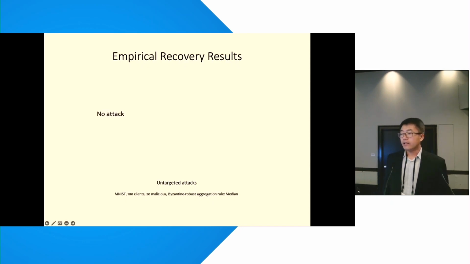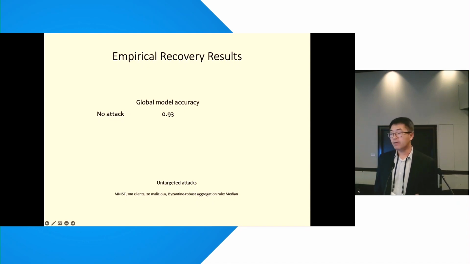When there is no attack, the global model is pretty accurate. Now let's suppose we have some malicious clients which perform poisoning attacks, and then the accuracy of the global model reduces a lot. Now suppose we can somehow detect the malicious clients, remove them and train a recovered global model.